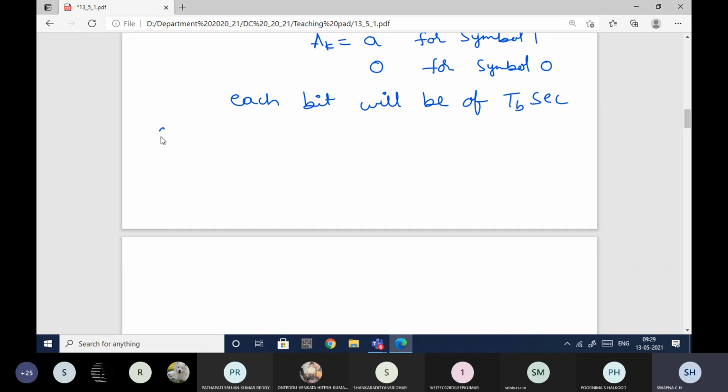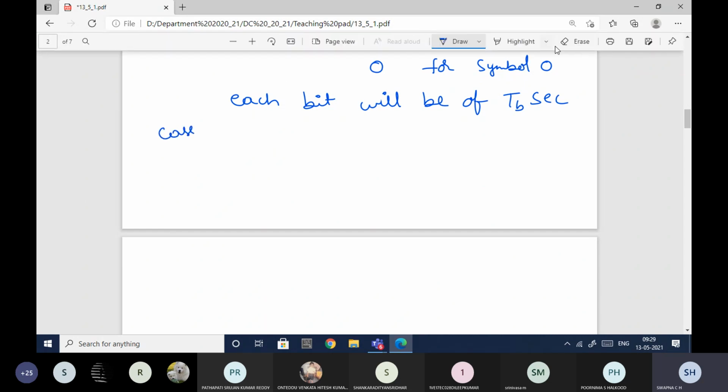Let us first take case 1. Before going to case 1, I will write the equation with which we have to calculate power spectral density.